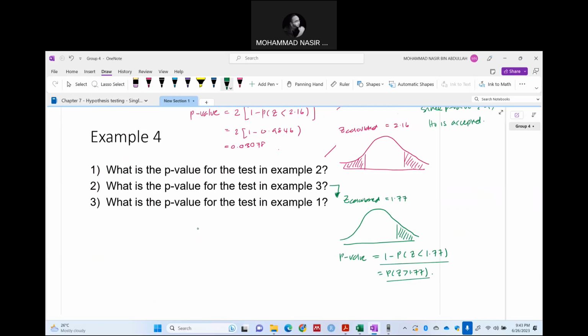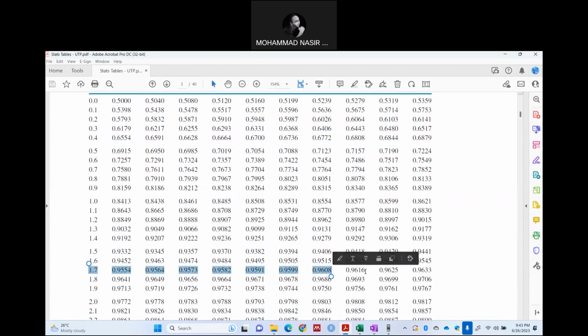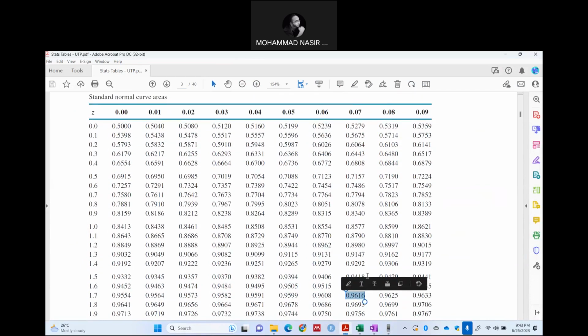Remember in the calculator, we have 3 regions, P, Q, R. The area to the right, we will use R, 1.77. So let's look at the statistical table. The probability of Z less than 1.77 should be somewhere here. 0.9616, right?